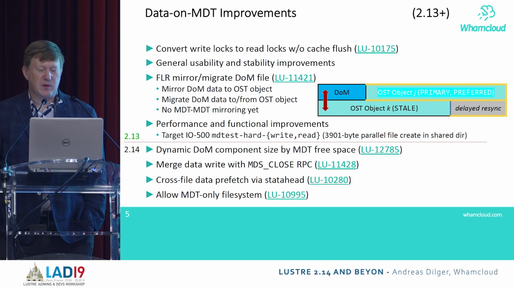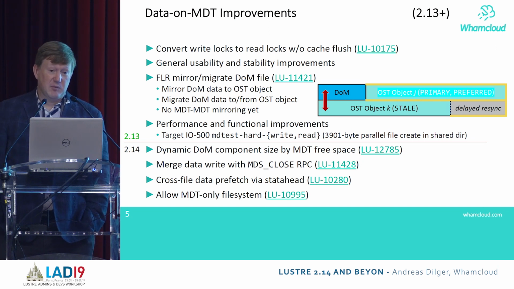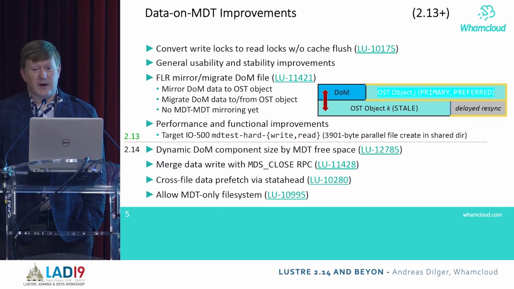Because right now, as people are deploying it in production, they're finding, how much space do I need to allocate to my data on MDT? Do I overestimate or underestimate? It's kind of hard, especially with LDiskFS. With ZFS, it's less of a problem because ZFS has dynamic inode allocation. But with LDiskFS, you have to balance it. And so we're going to make that a bit easier.